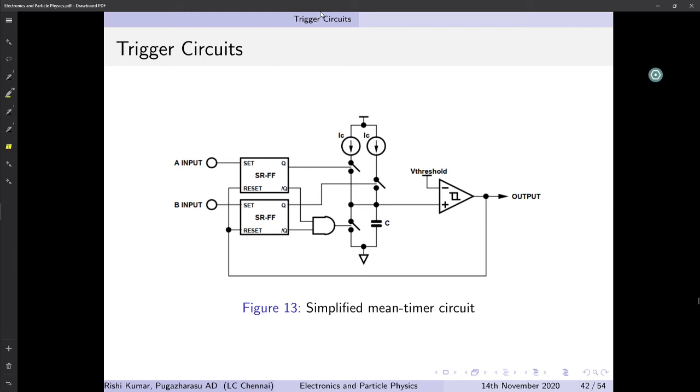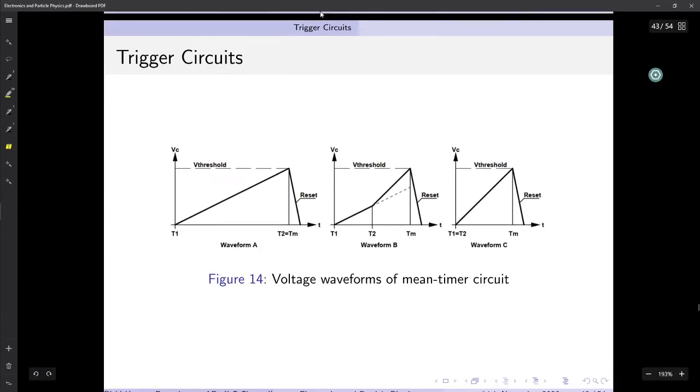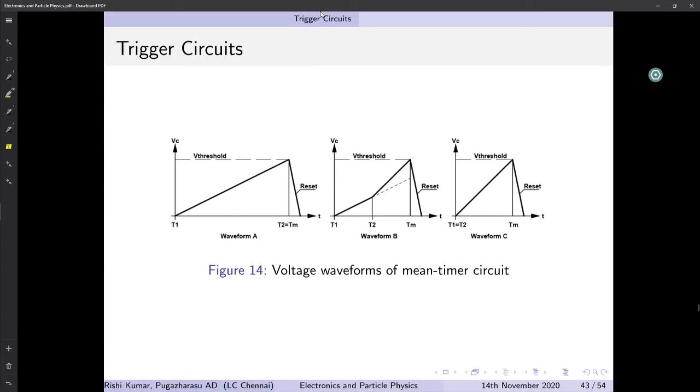So the circuit uses a capacitor as a current integrator, and it basically integrates the two equal currents, each of which are switched on by the input signals, and then the voltage across the ramp here is Vc, which is given by Q by C, and this is nothing but IC dot T by C. And the IC value actually doubles when both the inputs become active. And this is simply because the ramp slope changes.